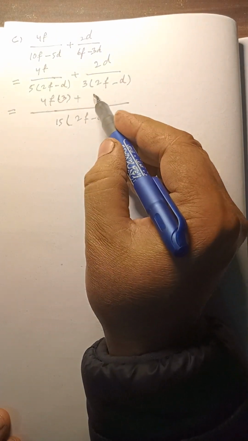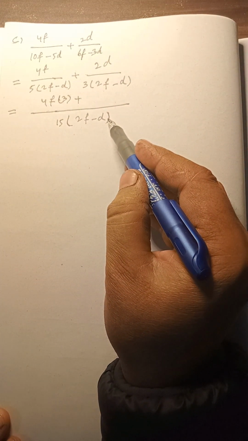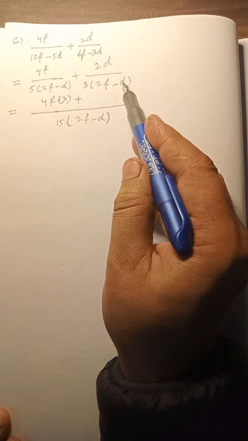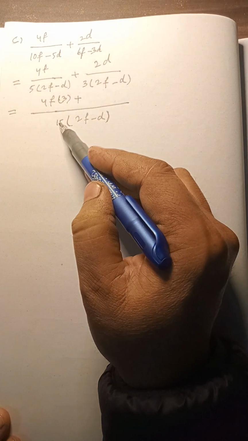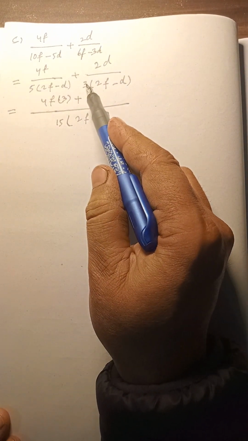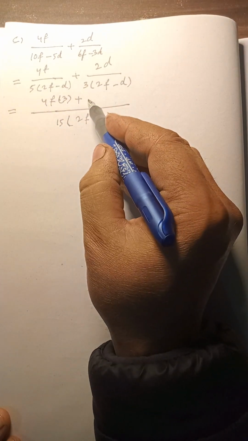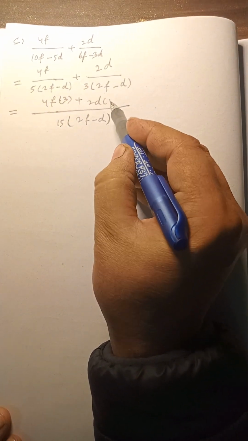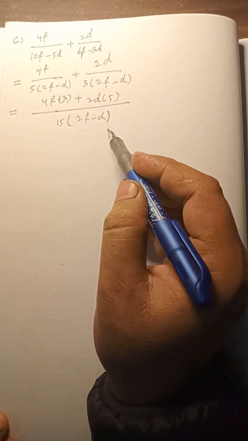In the same way, this plus sign will be written, and this whole LCM will be divided by this one. You know that 2f minus d will be cancelled out, and when 15 is divided by this 3, 3 fives are 15, 5 here, so we will write here 2d into 5, the 2 from the numerator.